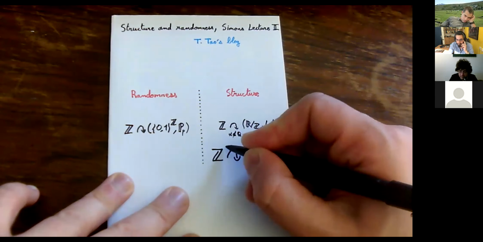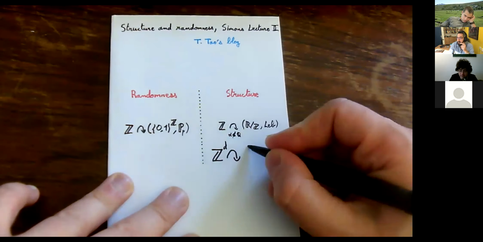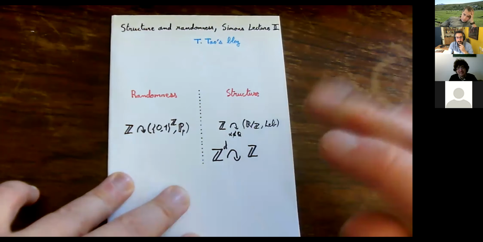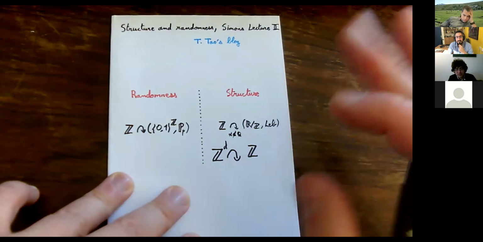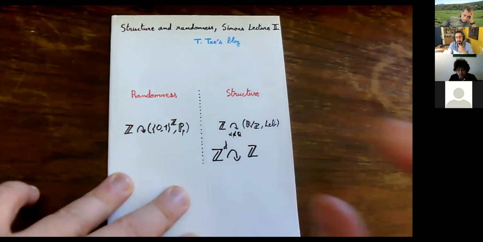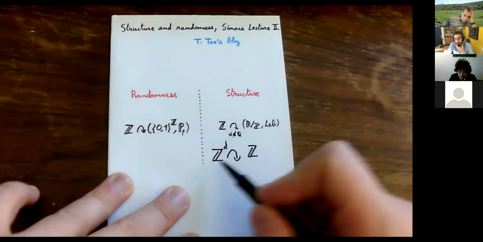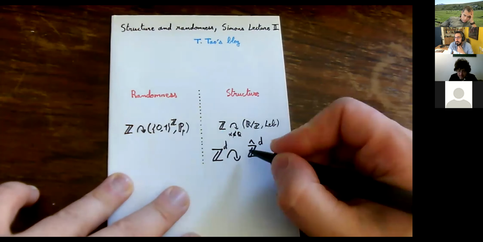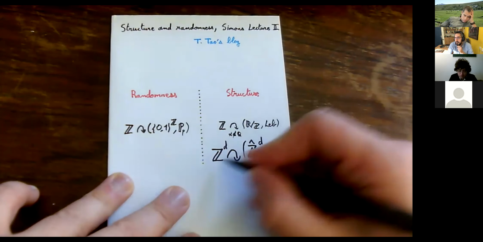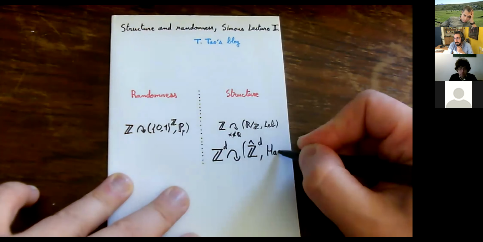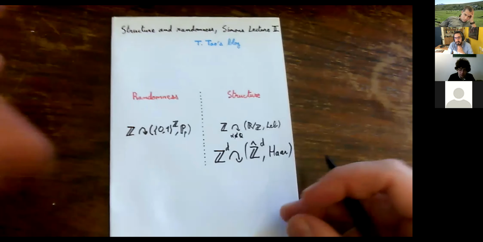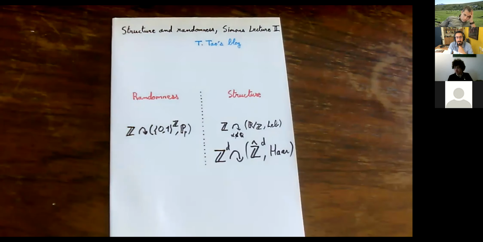Z^d is a, I don't know if I said discrete dense, what I meant was countable dense. So Z^d is a countable dense subgroup in its profinite completion, which is a compact group. And Z^d acts on this with Haar measure. And it turns out that the percolation process we've been discussing is a factor of this dynamical system.